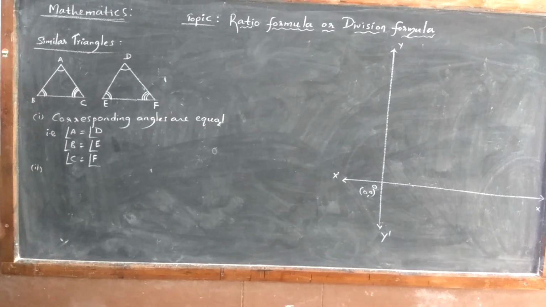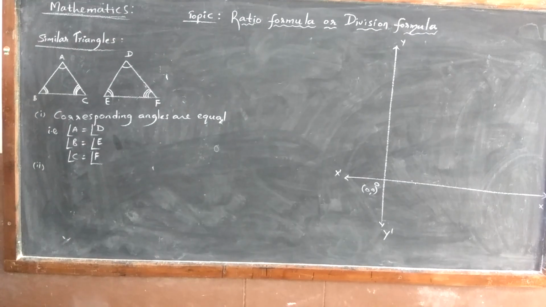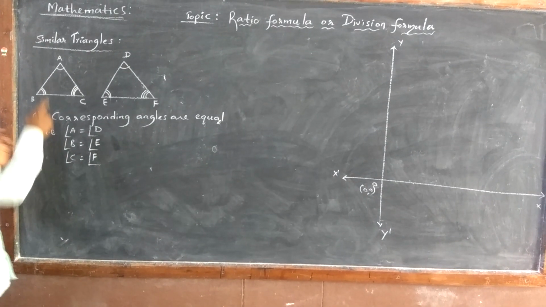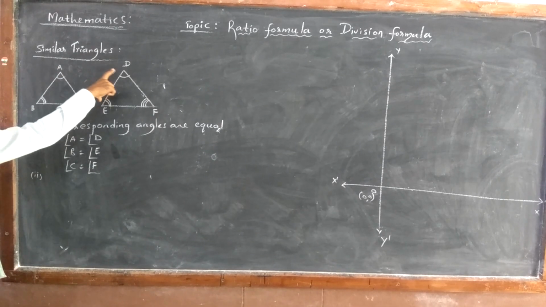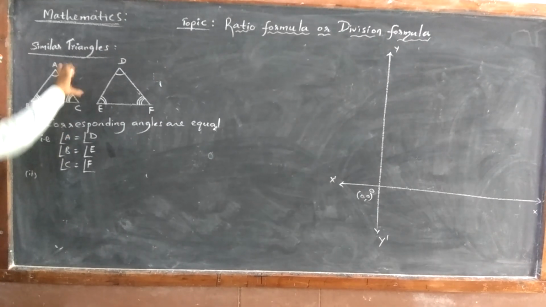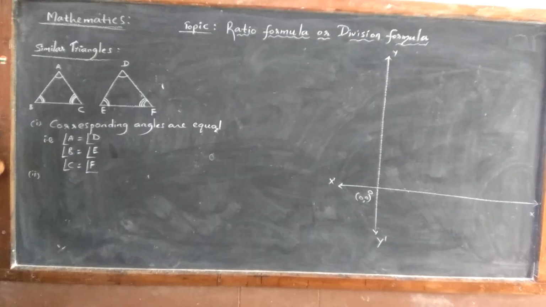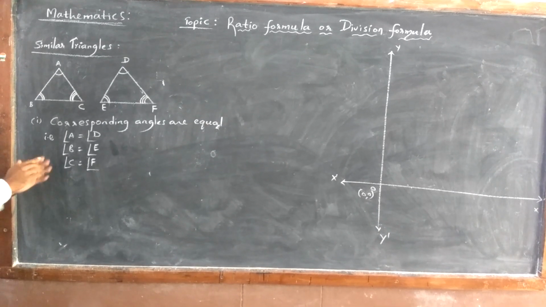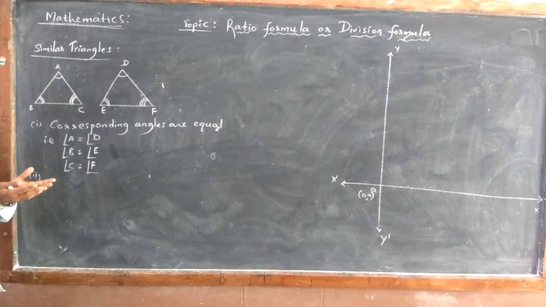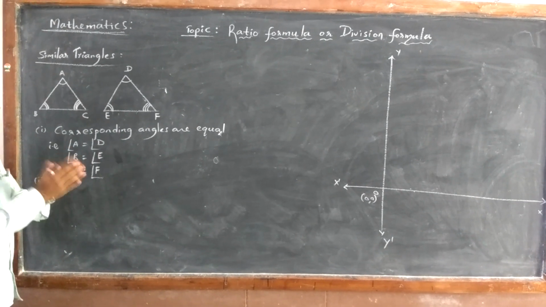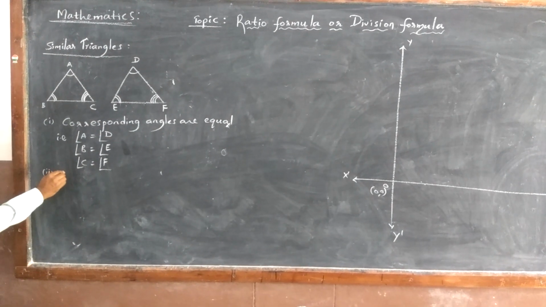Second property: their corresponding sides are proportional. What are the corresponding sides? For AB, DE; for BC, EF; for AC, DF. These three pairs are the corresponding sides. They are proportional. Proportional means the ratio of the corresponding sides is the same. How do we write that?